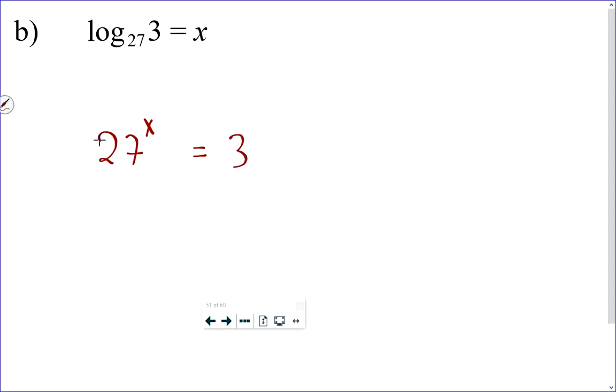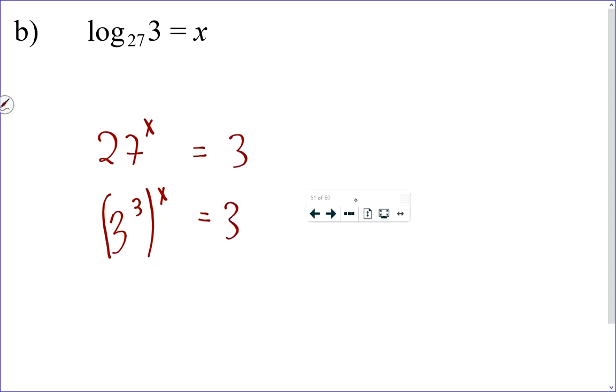If you don't remember that, you would change the 27 to 3 cubed, and then you can write a common base equation of 3 to the 3x equals 3 to the 1, and that means that the exponent of 3x and the exponent of 1 are equal, so you get x equals a third.